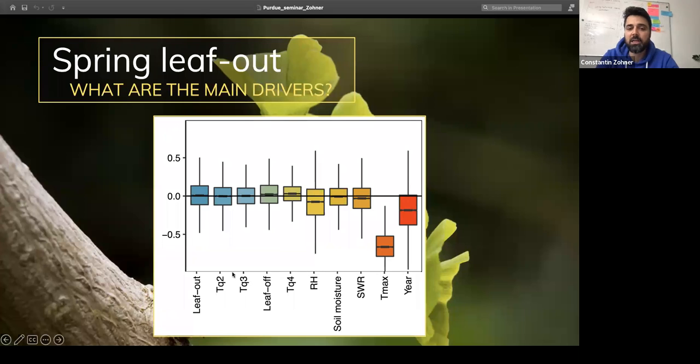Even chilling temperatures, which have always been suggested to play a role and might be reduced because it's getting warmer, so chilling requirements might not be met anymore in the future, seem to still be cold enough during winter to fulfill chilling requirements. That means it's still spring temperature that is mainly driving spring phenology.